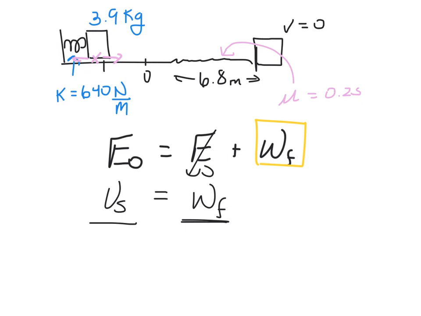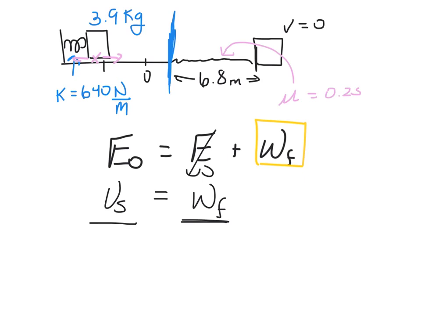Once the block is no longer in contact with the spring, when we ask ourselves, is there a spring, we have to say no. Is it moving? Yes. If it's moving before it hits that frictional point, then there is no thermal energy being created either.